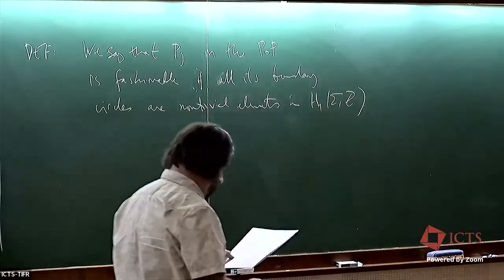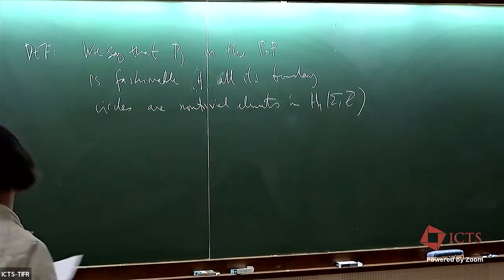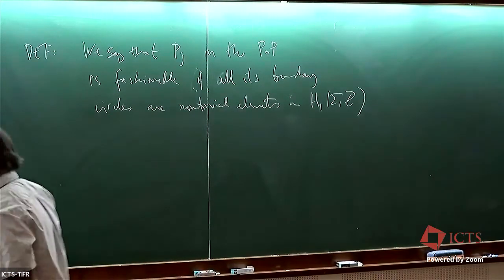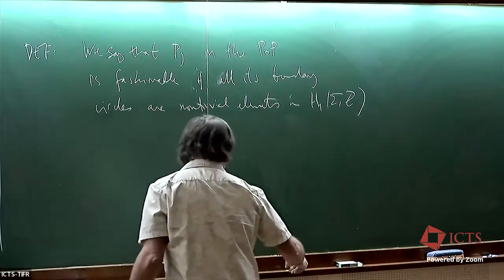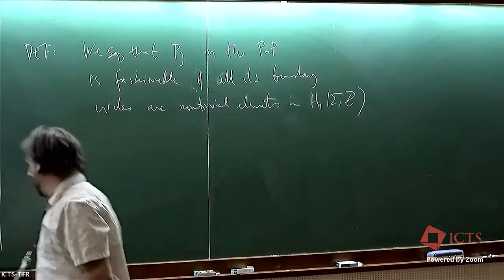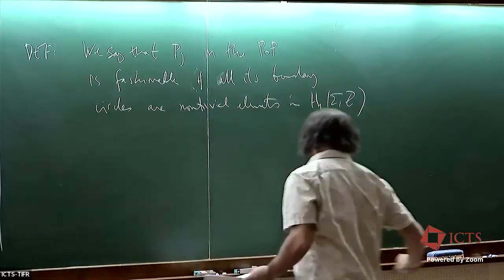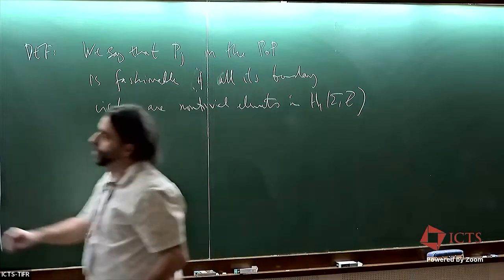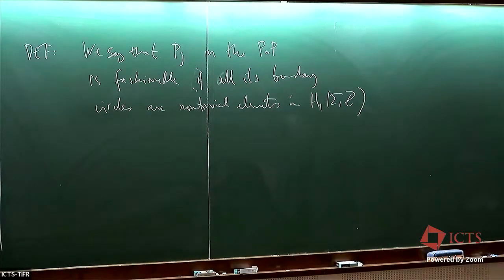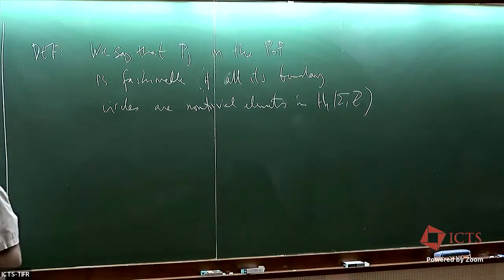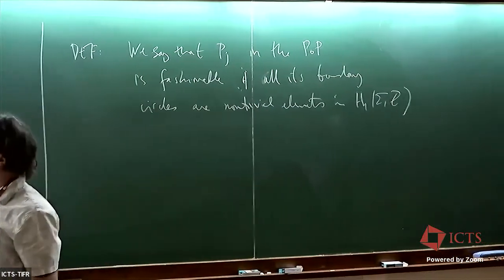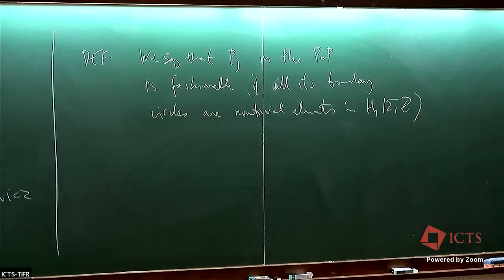So they don't separate. For example, in this pair of pants decomposition, there's a problem here that this circle here separates the surface in two. So this one is trivial in H1 of sigma. So it means that these two pairs of pants are not fashionable.